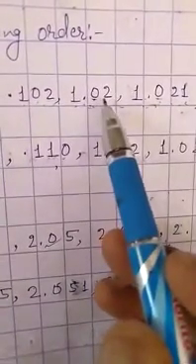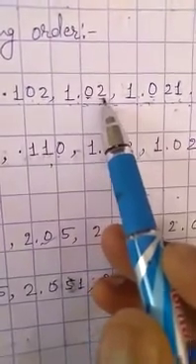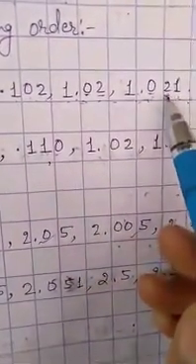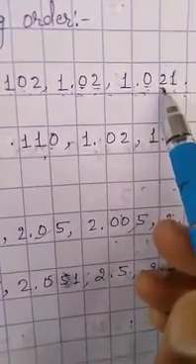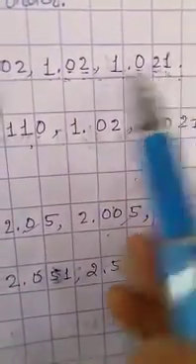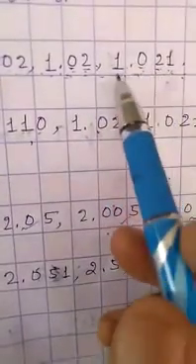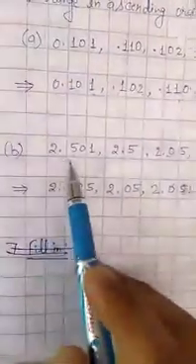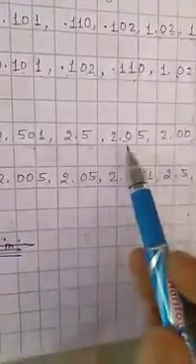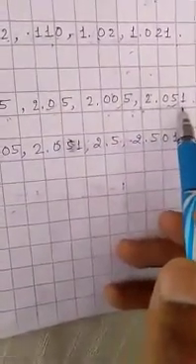But after the point the second number is 2, and here also 2. But here is 0 and here is 1. So 1.02 will come, and the last is 1.021. Now question B: 2.501, 2.5, 2.05, 2.005, and 2.051. You will do this question yourself.